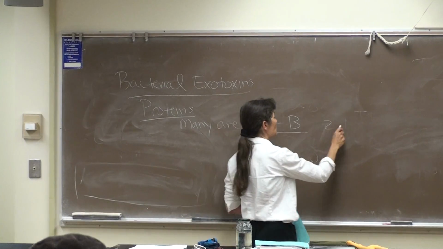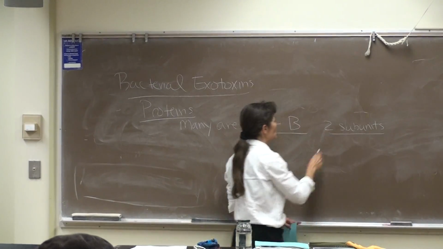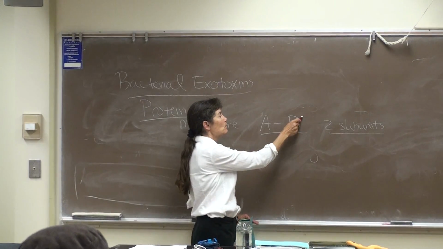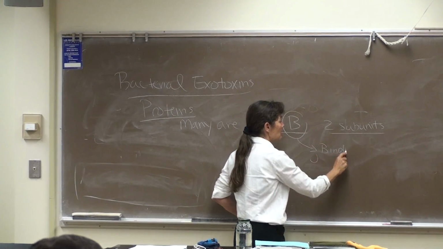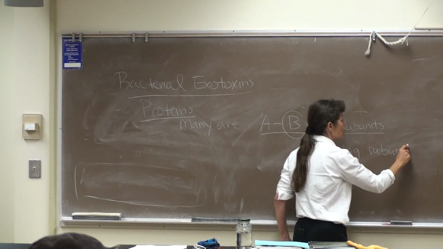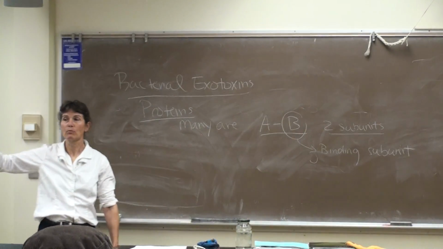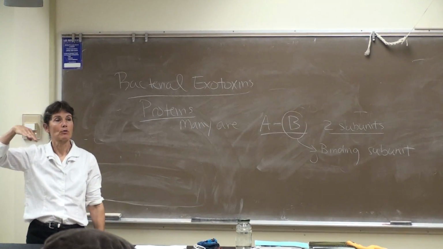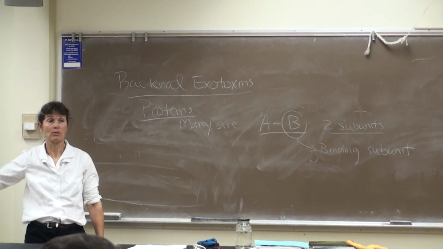Okay, so there's two subunits. And I'll start with the one that's involved with attachment. So the B subunit is called the binding subunit, and its job is to attach to a specific host cell receptor. Just like we saw with viruses, these exotoxins also must bind to complementary host cell surface receptors.